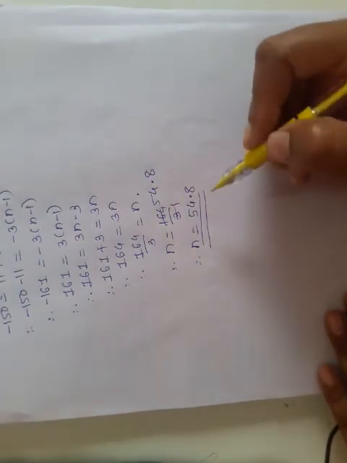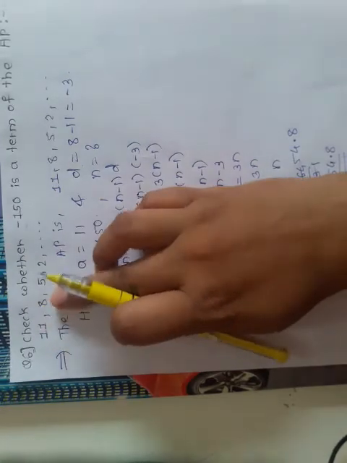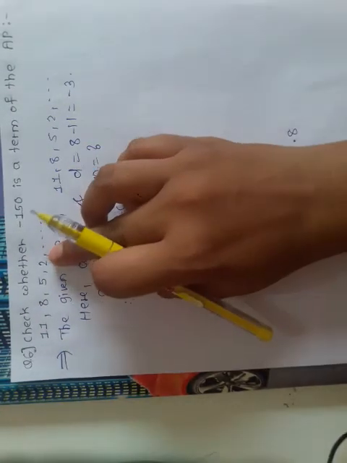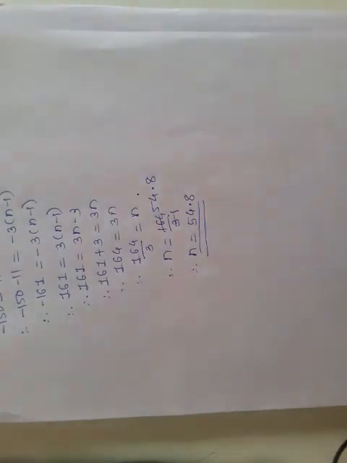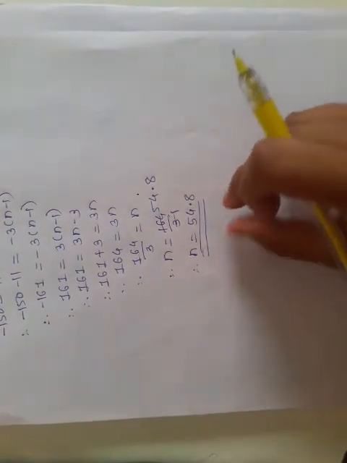Here n is equal to 54.8, but when we count the terms, we count them as first term, second term, third term, fourth term, like this. We do not count them as 1.1 term, 1.2 term, 1.3 term or 54.8 term. So 54.8 is not possible because we cannot count the terms like this.